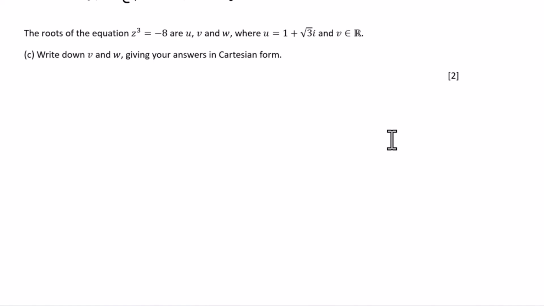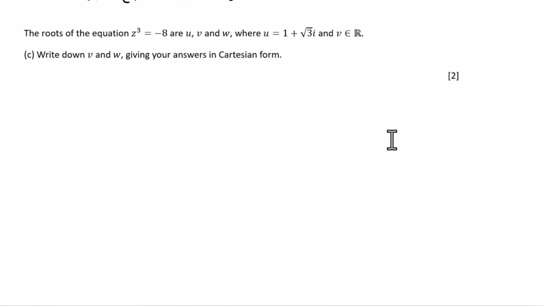The roots of equation z to the third power equals negative 8 are u, v, and w, where u equals 1 plus square root of 3 i, and v is a real number. Write down v and w, giving your answers in Cartesian form.